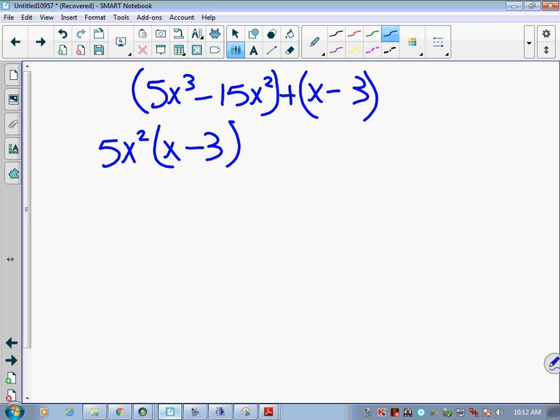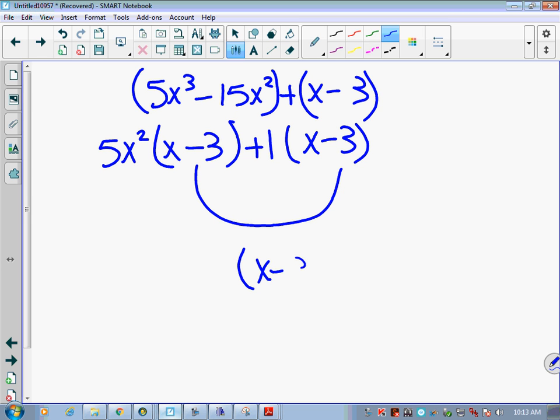Okay, now, this is a little tricky on this one. I can factor something out of this. I know it doesn't look like it, but if there's nothing to factor out, then I can always factor out a positive 1. Does that make sense? Okay, so I'm going to factor out a positive 1. That's still going to give me my x minus 3. Does that make sense? Which means because there's 2 of these, they're going to come down as one single x minus 3.